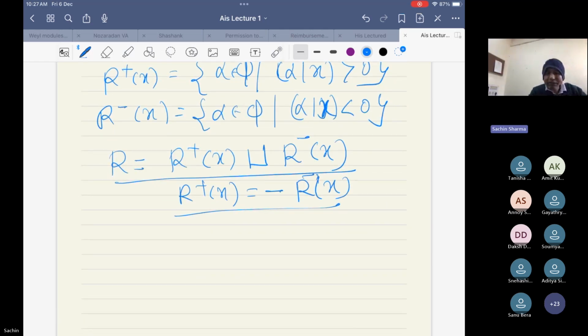But how much this partition depends on your x, which belongs to the Weyl chamber?